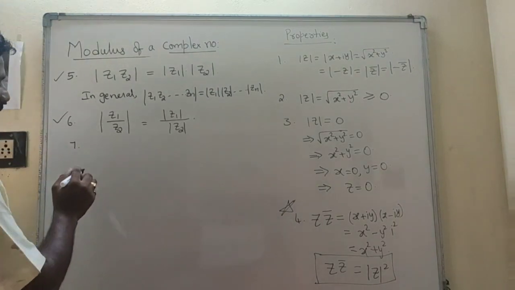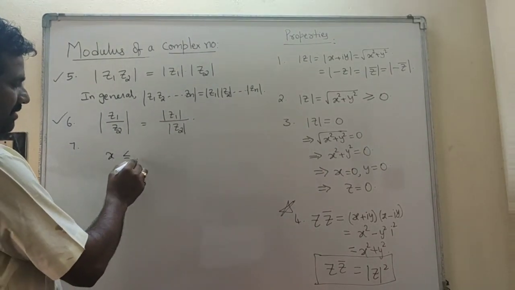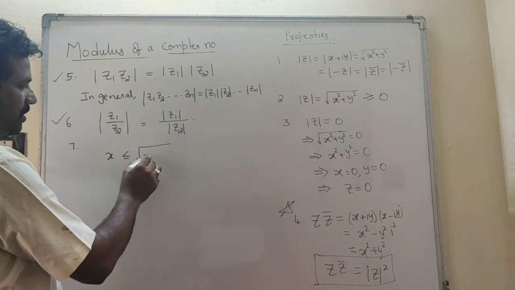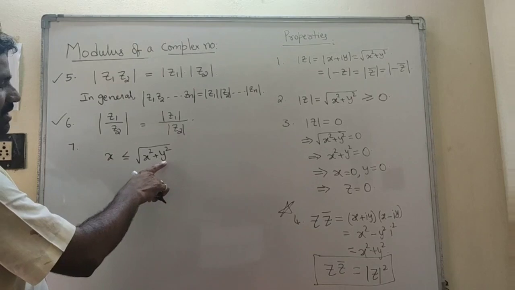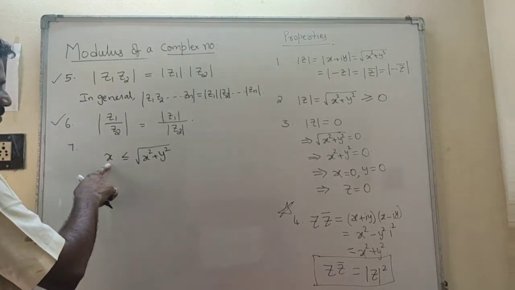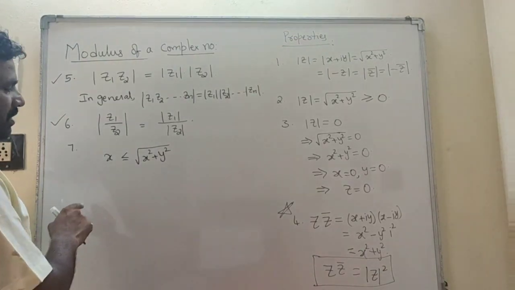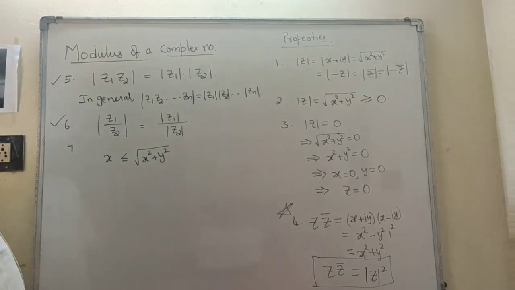See the next one. We can write this relation like this: x is less than or equal to square root of x square plus y square. Suppose y is 0, root over x square plus 0, root over x square is mod x, so x less than or equal to mod x. In other cases, x is less than square root of x square plus y square.